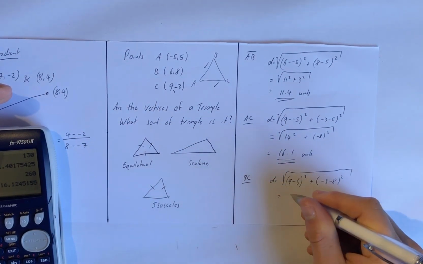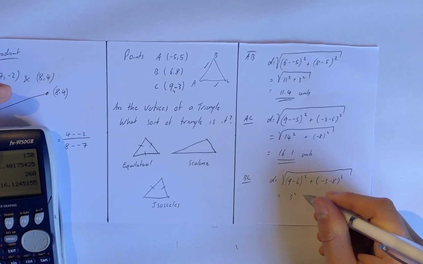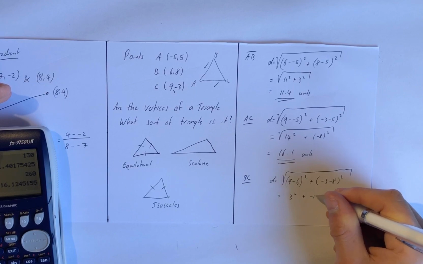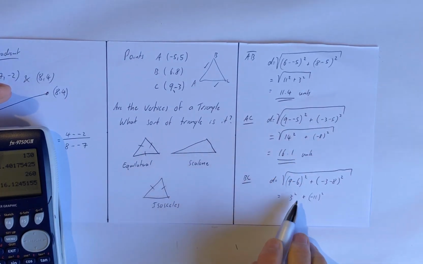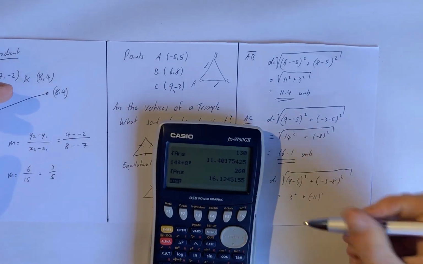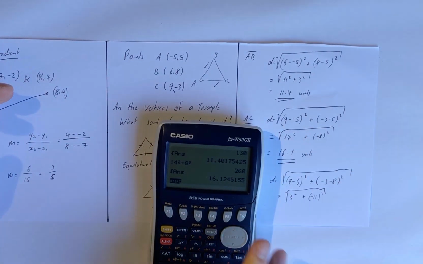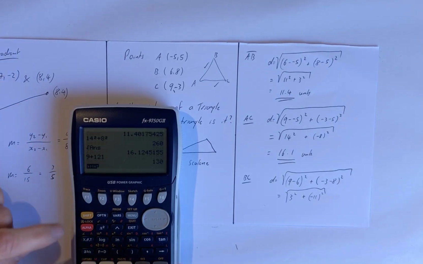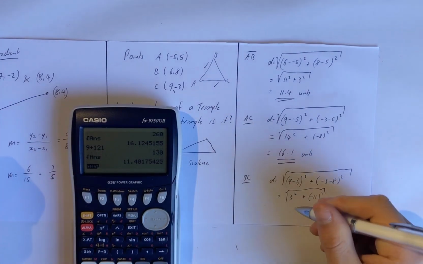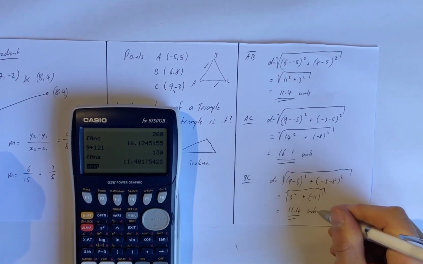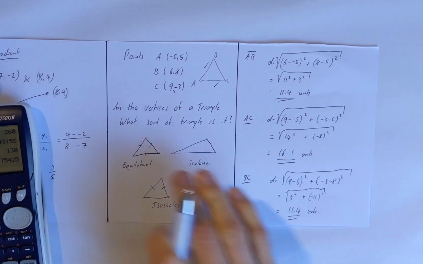So 9 minus 6, 3 squared, plus negative 11 squared. And notice that that's actually going to give us the same value here. That's going to be 9 plus 121, and then square root that. It is 11.4 units. And so which triangle is this?